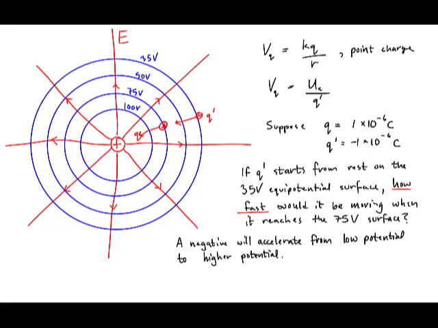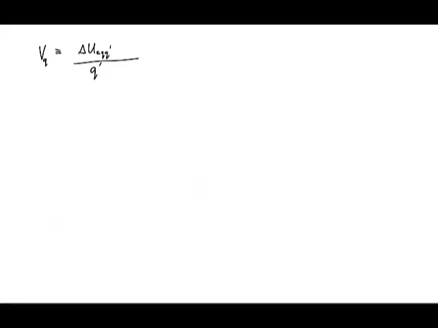Now, I remember from conservation of energy that in the absence of external forces, the change of kinetic energy in a system plus the change of potential energy of that system is equal to 0 in the absence of external non-conservative forces, which means those non-conservative forces would do 0 work.